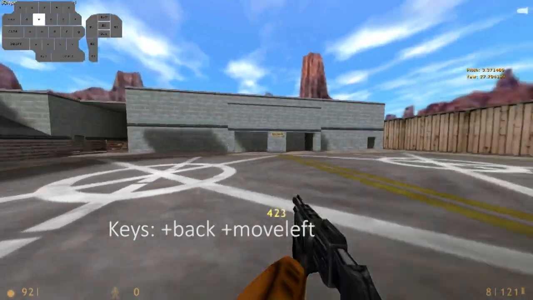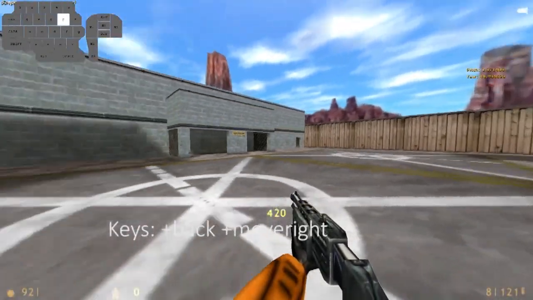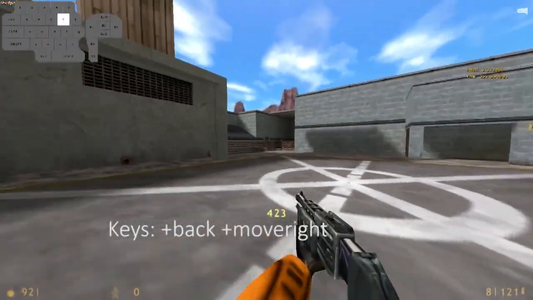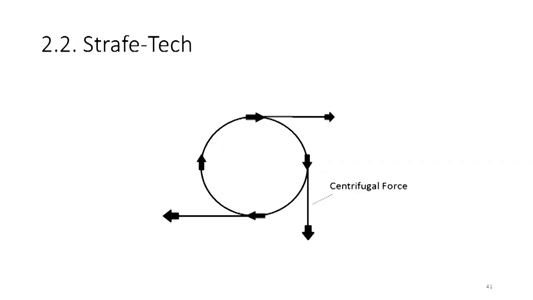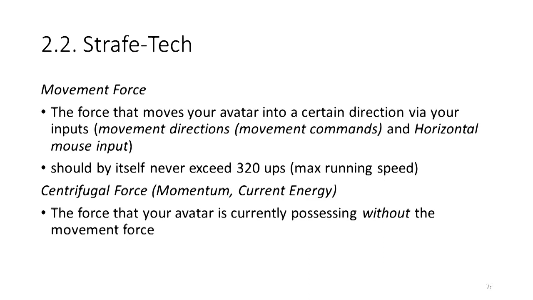This doesn't only hold true for going forward, but movement direction and horizontal mouse input key presses can be combined in as many ways as there are combinations of the two. Our working concepts are now the movement force with which you command your player to move via inputs, and the centrifugal force, which is kind of the energy the player possesses having been pushed into a certain direction.